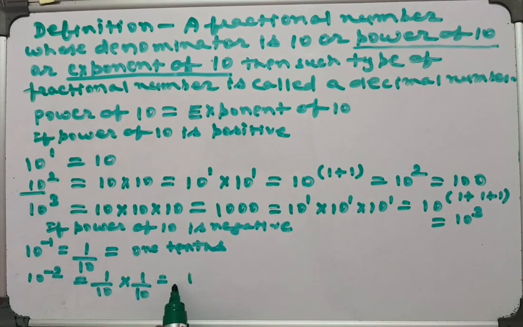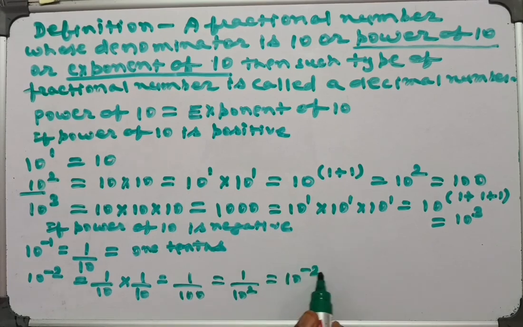So this is equivalent to 1 by 100, or you can write this as 1 by 10 to the power of 2. In higher classes you will read that when the denominator 10 to the power of 2 goes up to the numerator, it is equivalent to 10 to the power of minus 2.